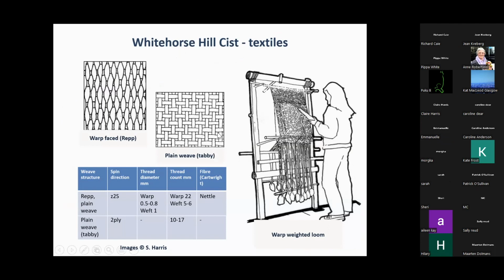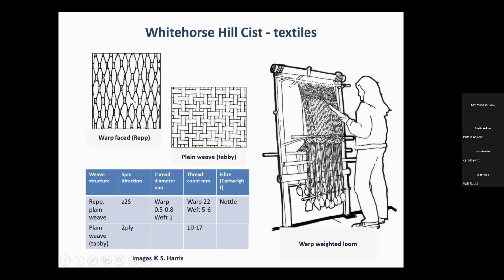So here this is in a balanced variation, and here the vertical yarns are squeezed together, but it's the same 1 over 1 under textile. We're certain that in some cases a warp-weighted loom was being used to weave the textiles, but possibly other weaving devices were used to make narrow bands.